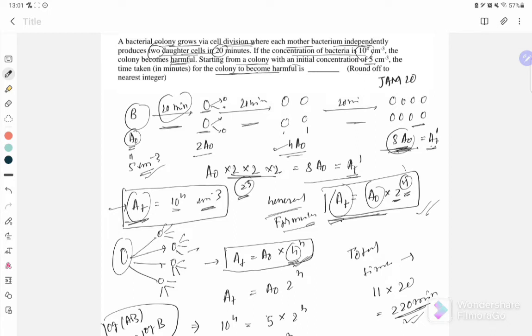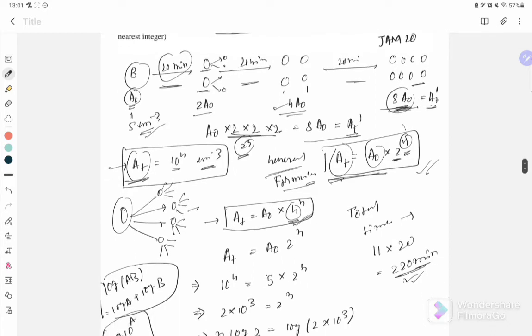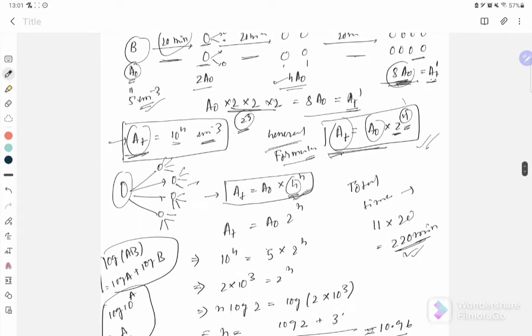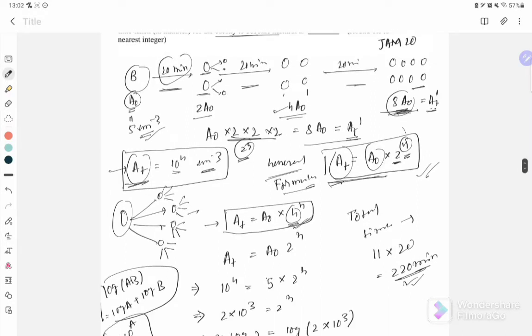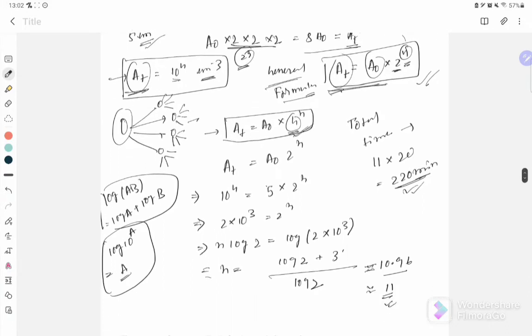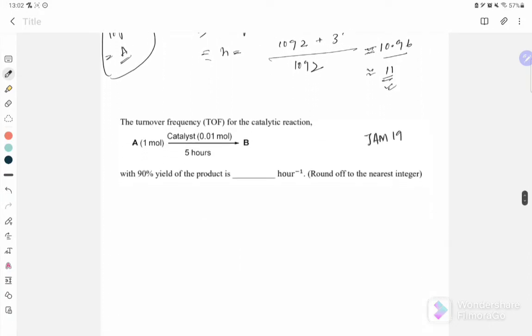If 2 is the daughter cell, the repeated unit will be 2. Whether it is 2, 3, 4, 5, anything, the daughter cell produced from our mother cell will be our repeated unit. Okay, so next question.